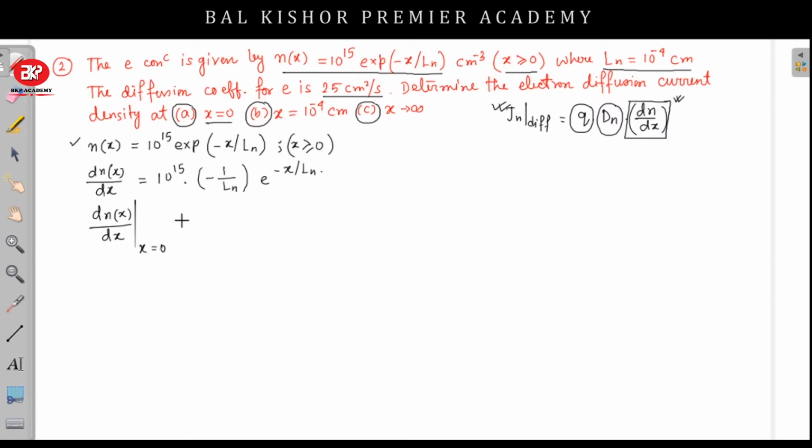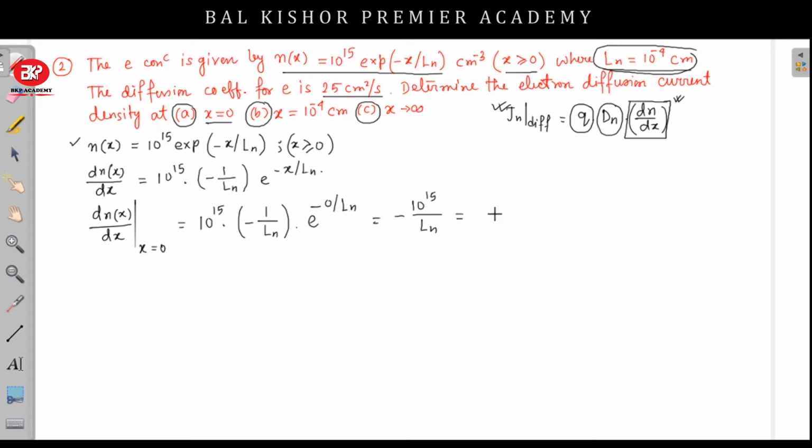So at x equals to 0, it will be 10 to the power 15 into minus 1 by Ln, and e to the power minus 0 by Ln, because x equals to 0. This exponential term will be 1. So ultimately we will get minus 10 to the power 15 divided by Ln, and Ln value is given as 10 to the power minus 4.